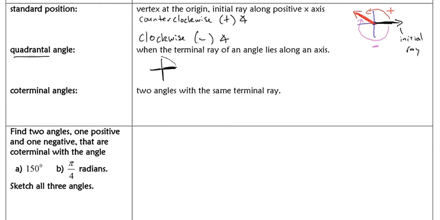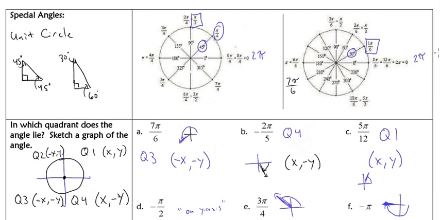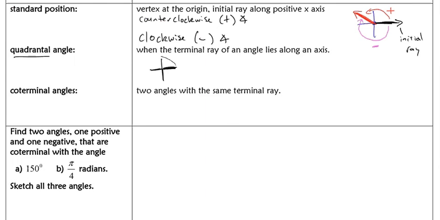Well, if you think back to your unit circle, those are multiples of 90 degrees, so 90, 180, 270, 360. Or if you're looking at the radians, it's pi divided by 2. Pi divided by 2, multiplied by 2 gives you pi. Multiply that by 3, and it gives you 3 pi divided by 2. And multiply that by 4, and you're back to 2 pi, which is the circumference of the circle, the complete radians of the circle.